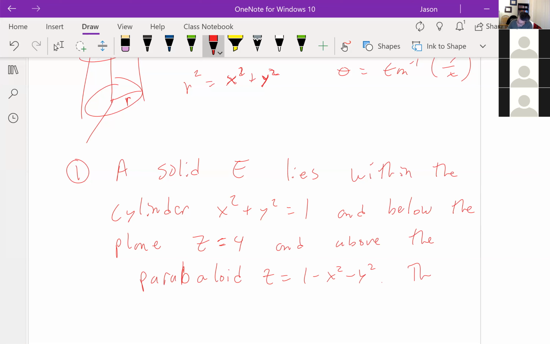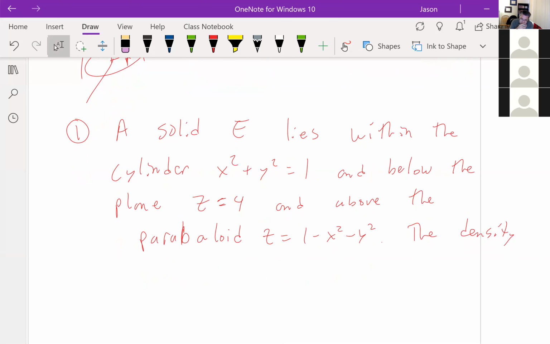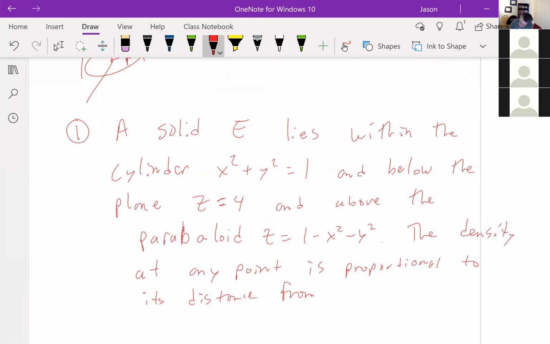The density at any point is proportional to its distance from the axis of the cylinder. Find the mass of E.